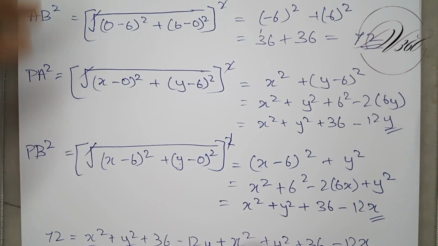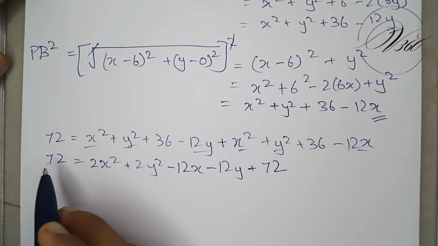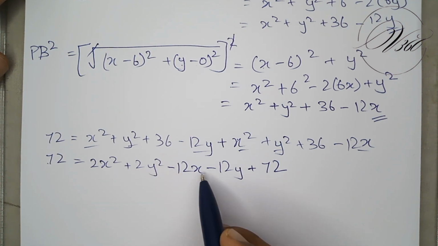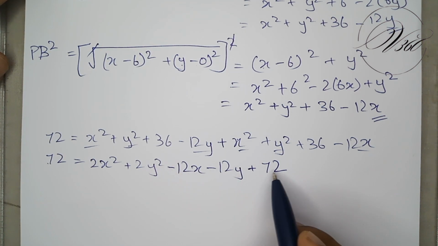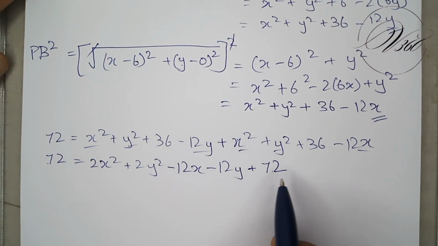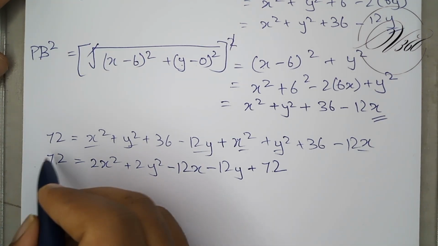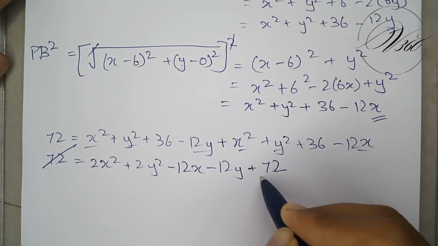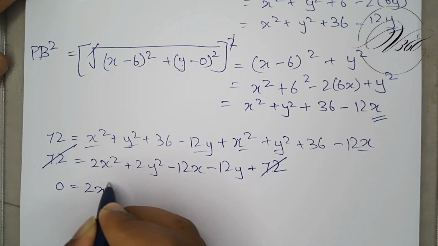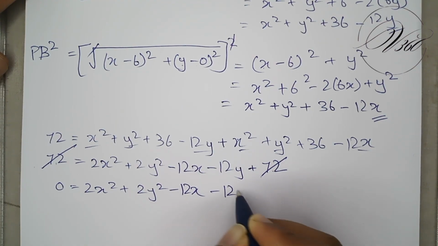Wait a second. Let me raise it up. Now if you see, we got 72 is equal to 2x square plus 2y square minus 12x minus 12y plus 72. If we take 72 to this side, it will become minus 72. Minus 72 here and plus 72 here get cancelled. Now it will become 0 is equal to 2x square plus 2y square minus 12x minus 12y.